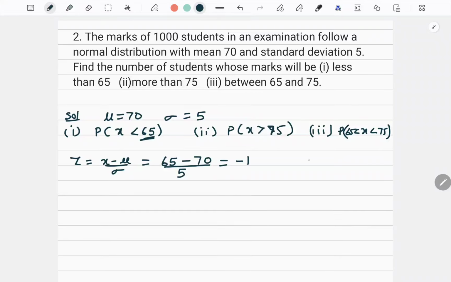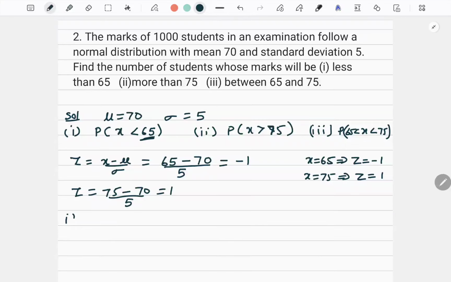Okay. So I can say that x is equal to 65 implies z is equal to -1. Now let's do for 75. So 75 minus 70 upon 5 is equal to 1. So x is equal to 75 implies z is equal to 1. Okay, now let me rewrite the question.